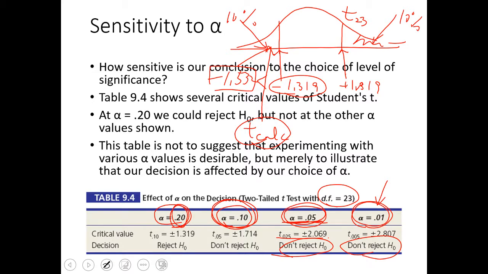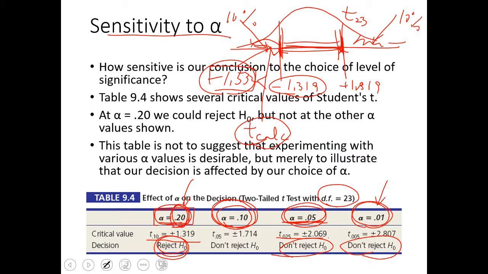So if our level of significance is 20%, the critical values are minus 1.319 and plus 1.319, and our t statistic is outside of this interval. So we reject the null hypothesis for the 20% significance level.